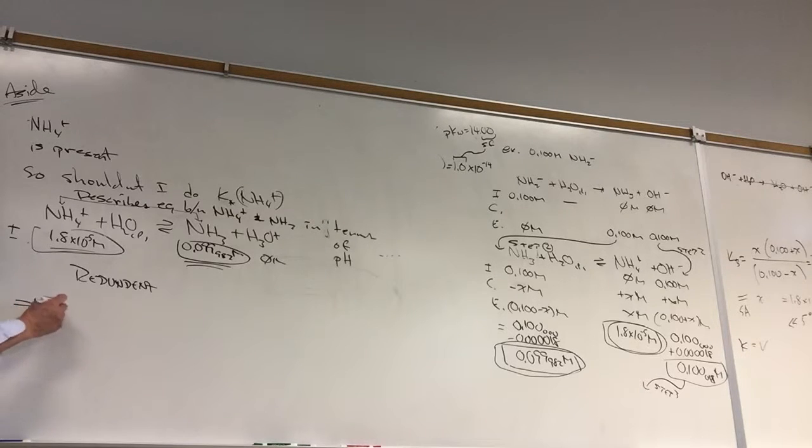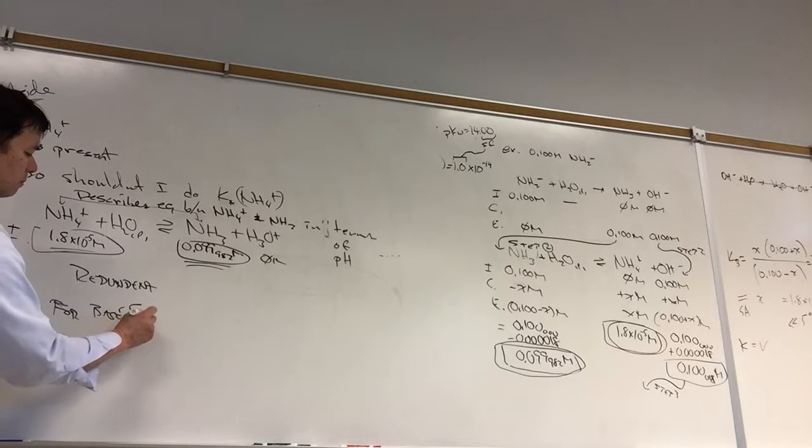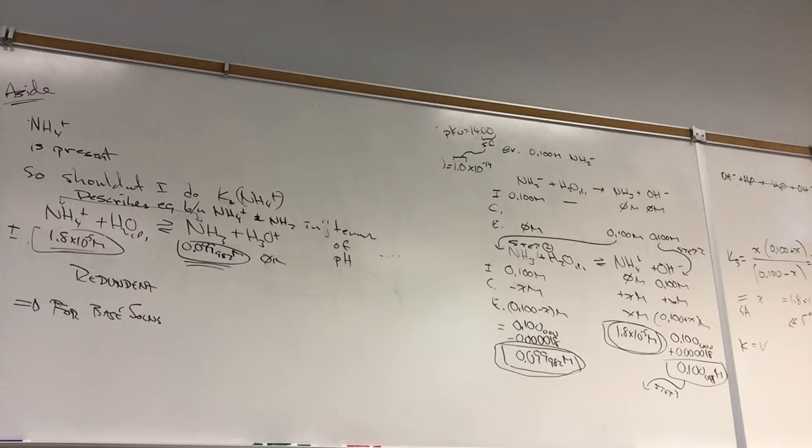For base solutions, we only look at the hydroxide ion contributors, because if we start looking at each hydronium ion contributor, it's going to be redundant. All of a sudden, we're trying to shift. Well, in one case, we're looking at pOH, pOH, pOH, and then all of a sudden we jump to pH and then back to pOH. It doesn't work that way.